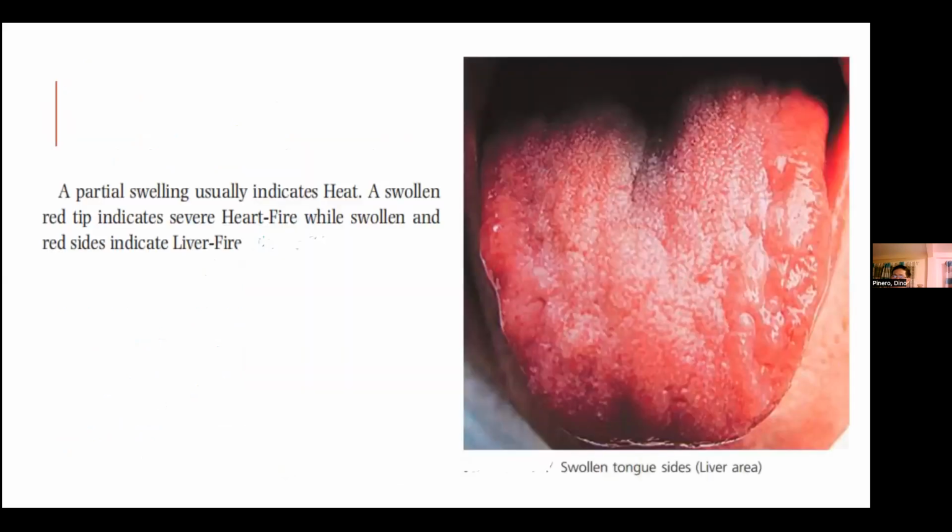Okay, another picture. A partial swelling usually indicates heat. So, a swollen red tip indicates severe heart fire, while swollen and red sides indicate liver fire. So, itong picture, observe po natin, swollen po yung tongue sides niya. So, this indicates liver fire.